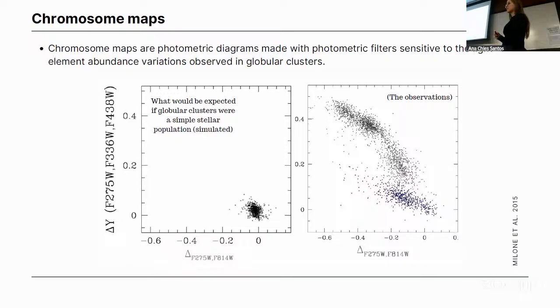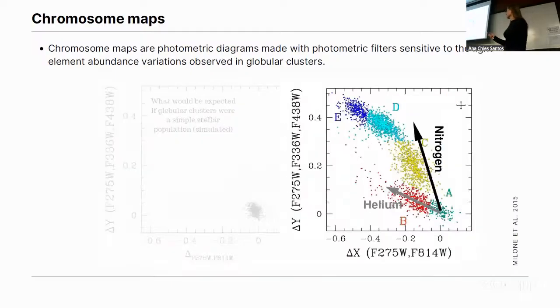If a cluster doesn't have multiple populations, what we expect to see is something like what we see in the left here. So all stars near the origin with some spread because of photometric errors. But what we actually see is this picture that is a lot more complex. We have something around the origin here, but also different groups of stars that correspond to the second population stars.